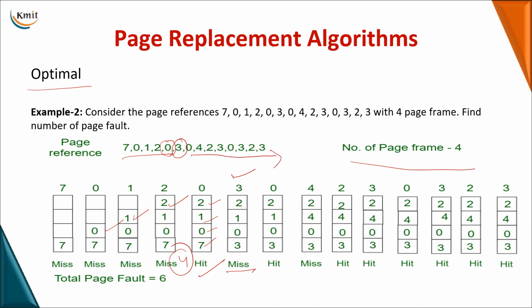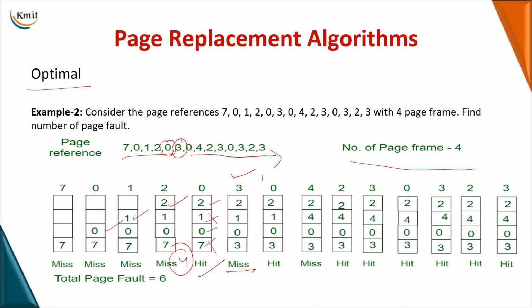When you refer the future string, you try to identify which of the existing pages, 2107, is recently used, which is less frequently used, or which will not be used for most of the time. So among 2107, 2 would be used, 0 would be used, 1 is not used, and 7 is also not used.